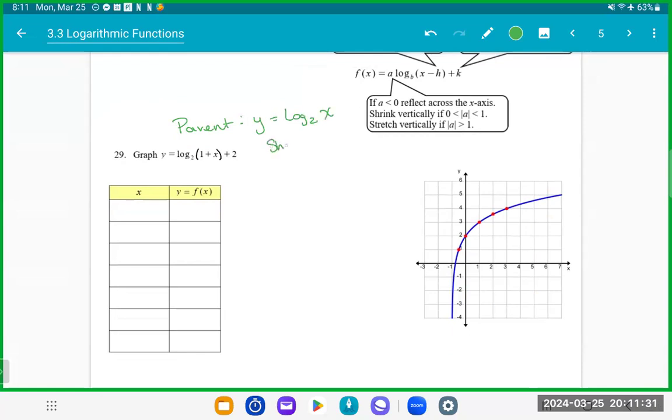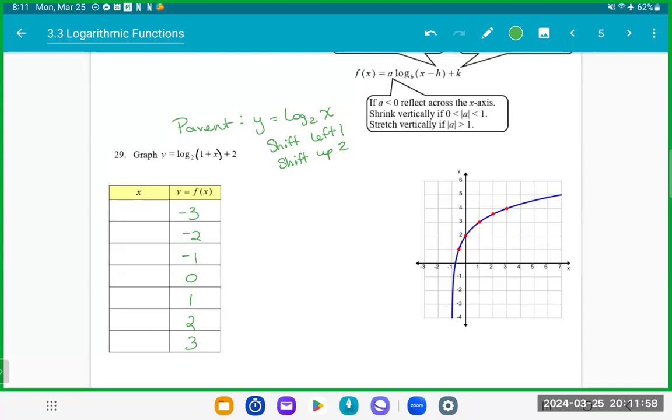We're going to shift that left 1 unit, and we're going to shift that up 2 units. So -3, -2, -1, 0, 1, 2, and 3.